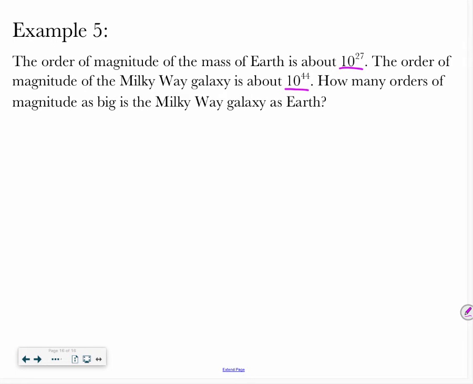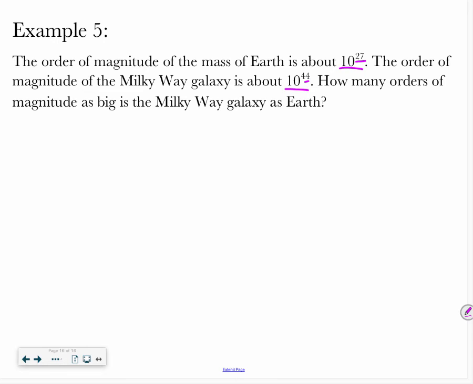An order of magnitude is basically the powers of 10, however many powers of 10 it is. So the order of magnitude of the mass of Earth is about 10 to the 27th. So if I ask you what the order was for the Earth, it'd be 27. Okay? How many orders would the Milky Way be?